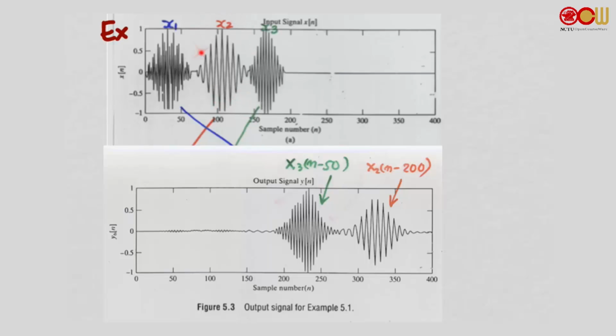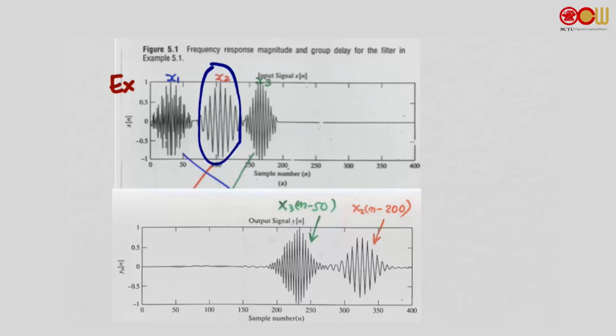For x2, the group delay corresponding to the center frequency of x2 is around 200, so it gets delayed by about 200. Whereas x3 was actually after x2 in the input, but now because the group delay corresponding to the center frequency of x3 is around 50, so it gets delayed less.